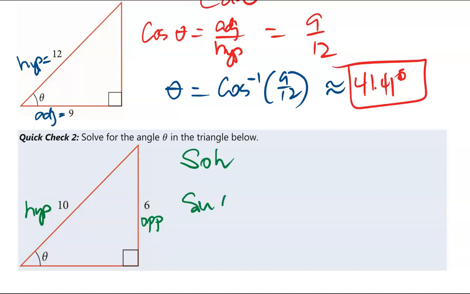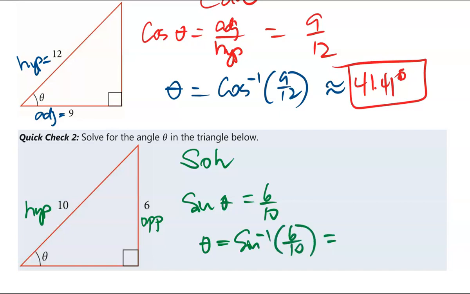So sine theta is equal to opposite over hypotenuse, so 6 over 10, and we can solve for our theta, that is inverse sine of 6 over 10. Use your calculator, and that is approximately, in degrees, equal to 36.87 degrees.